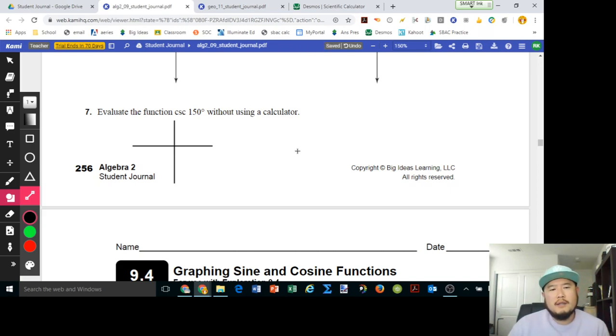And it says, let's evaluate the function of cosecant of 150 degrees.